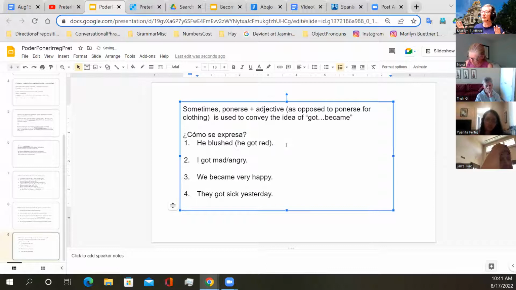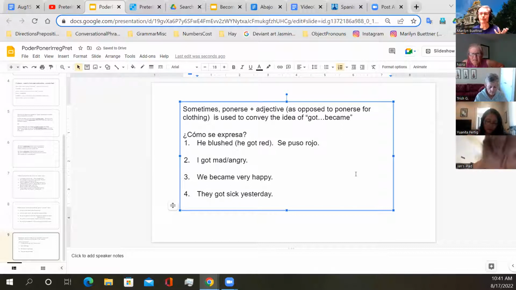Often this is going to be in the past tense because it indicates a reaction that somebody had in their feelings or in their physical state, like illness. He blushed. Él se puso rojo. Se puso rojo.